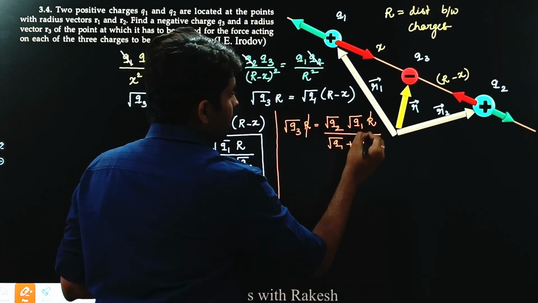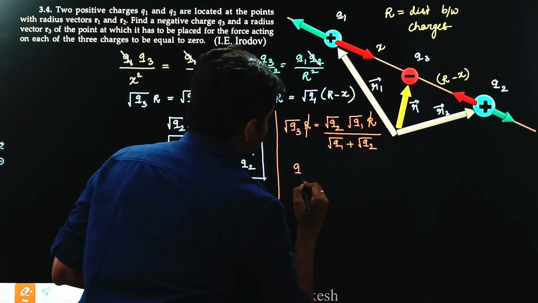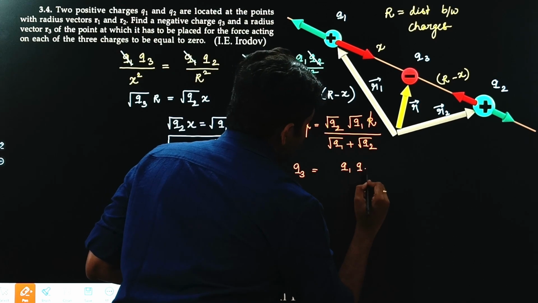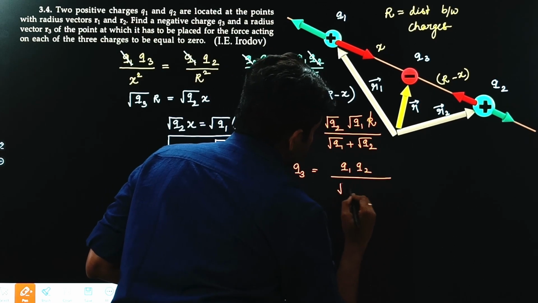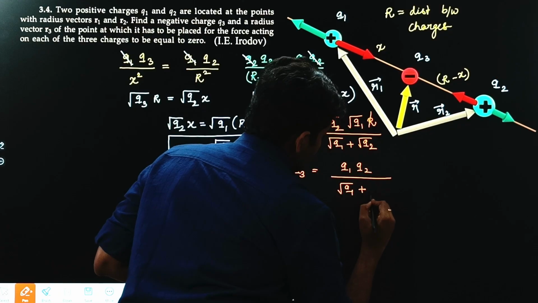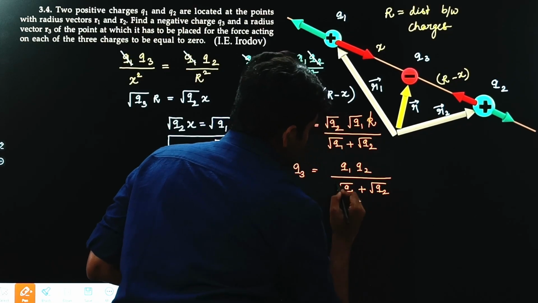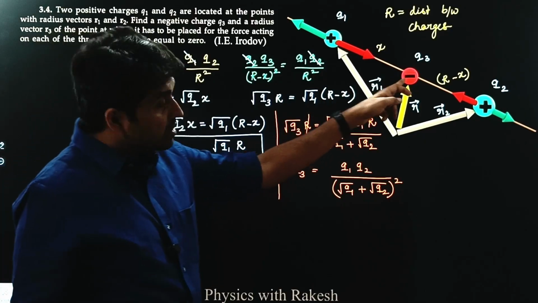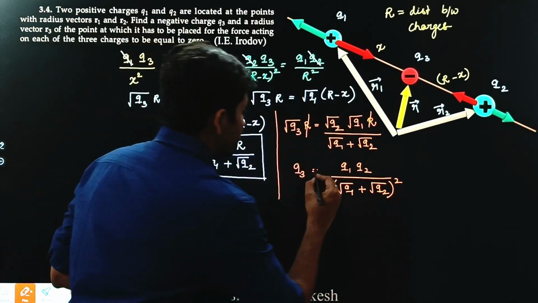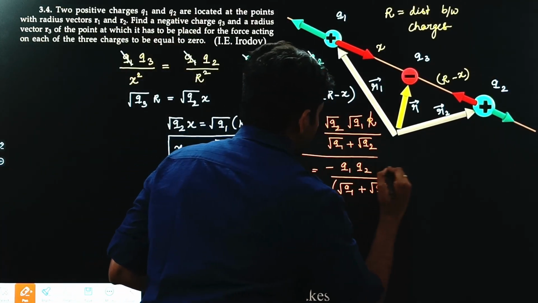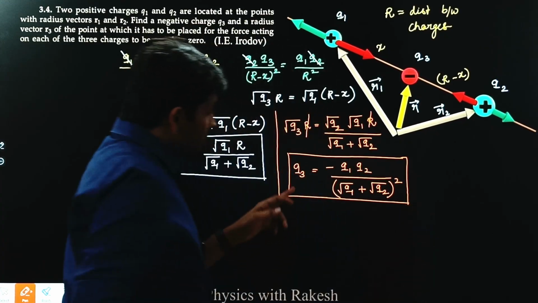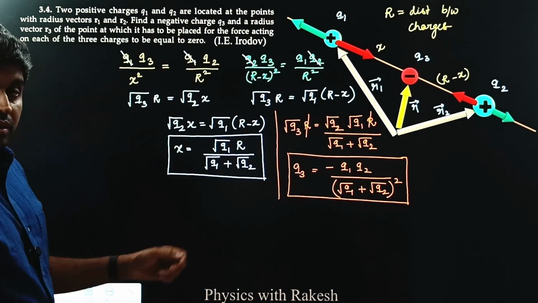You can cancel out this r here and we'll get q3 equal to, squaring this, q1 q2 divided by root q1 plus root q2 the whole square. Another important thing is this q3 is a negative charge, so we just need to put a minus here. So this will be the value of q3.